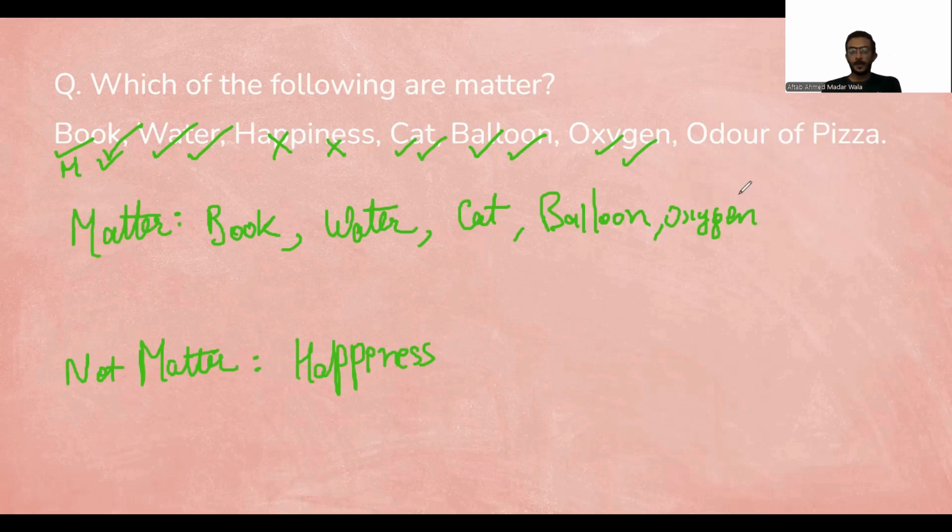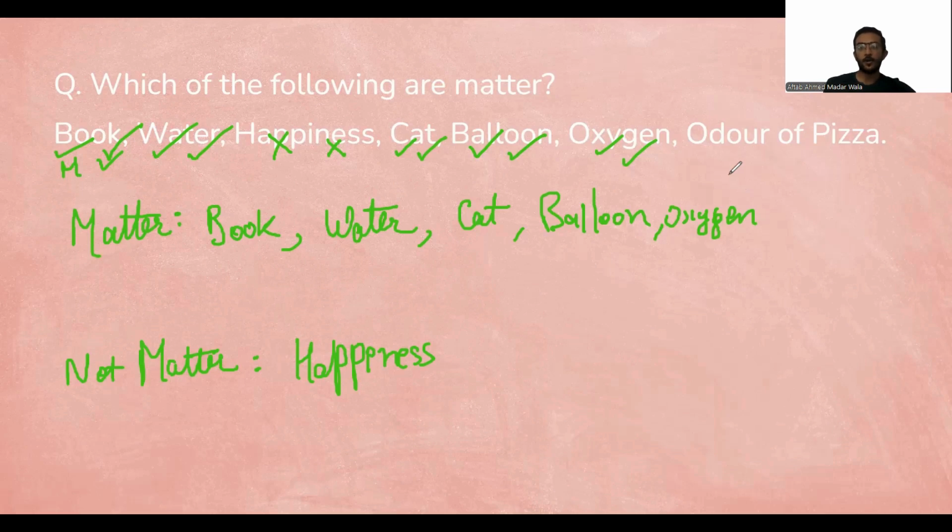Why? Well, how does the fragrance depend on the temperature of pizza? It is dependent because the fragrance is coming due to the particles. And we have seen that particles of matter have kinetic energy in them. As temperature increases, kinetic energy increases and the particle will move further.